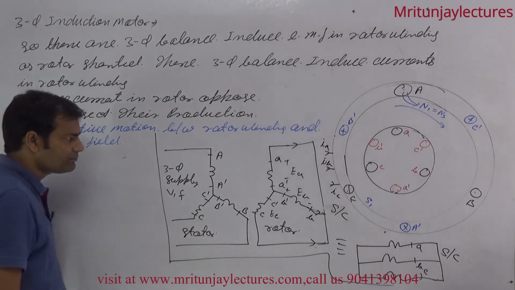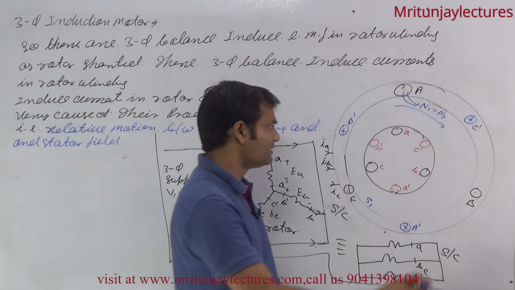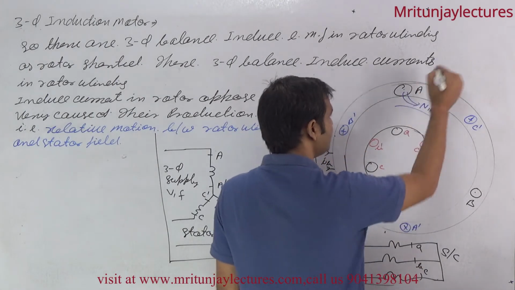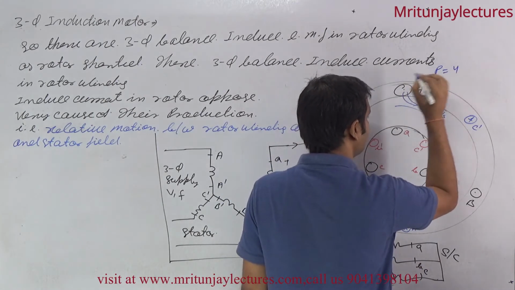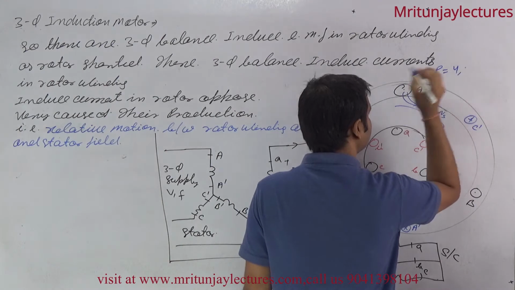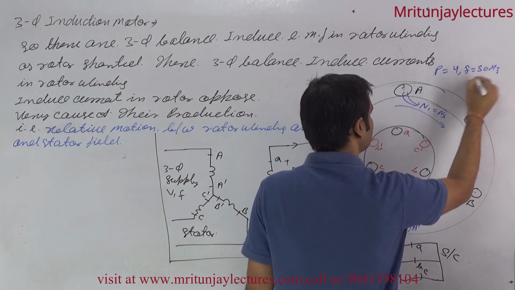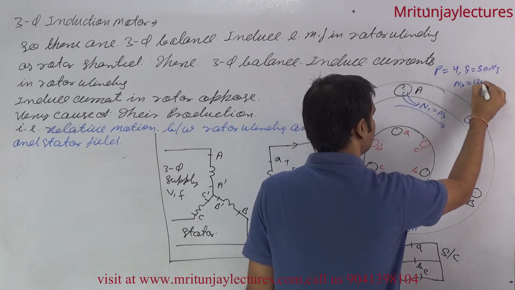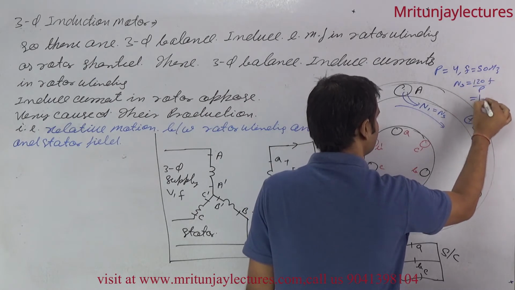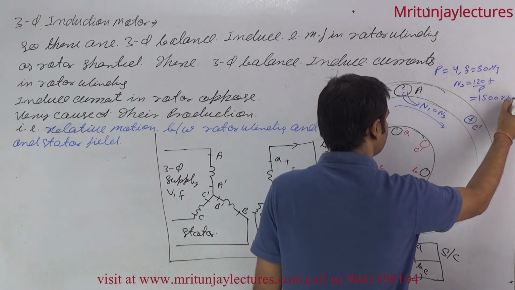Now suppose P equals 4 poles and F equals 50 Hz. What about NS? That is 120F by P. Putting 120 times 50 Hz divided by 4, this is 1500 RPM. Clear?